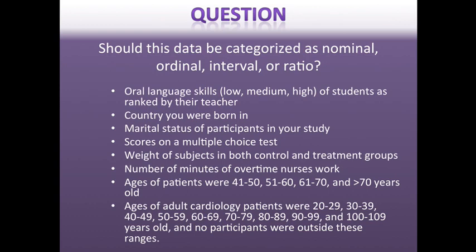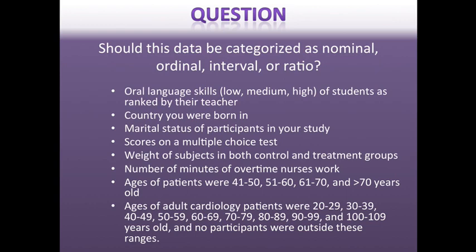Scores on the multiple choice test. This could be seen as being ratio data in the sense that, say you had a 100-point test and you could get from 0, which in theory would be measuring 0 knowledge, up to 100, which would be measuring all the knowledge, right? Now, you could criticize this and say, well, does 0 really mean that people have no knowledge? Well, maybe not, right?